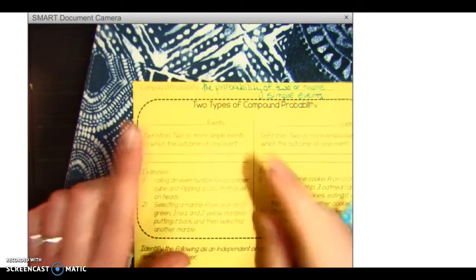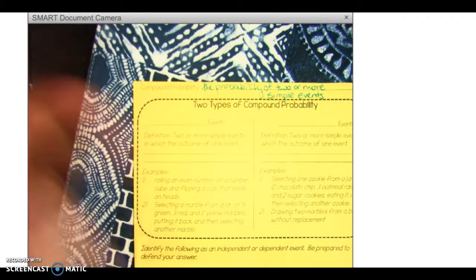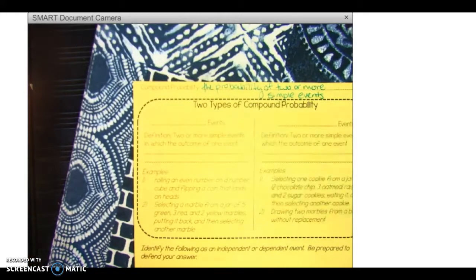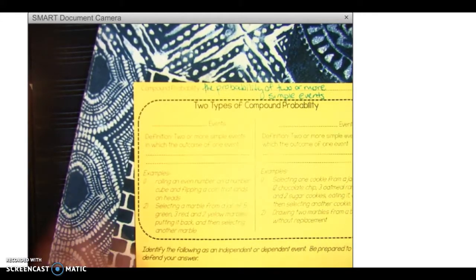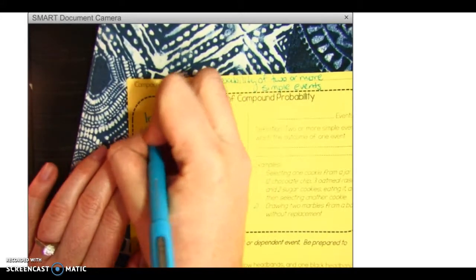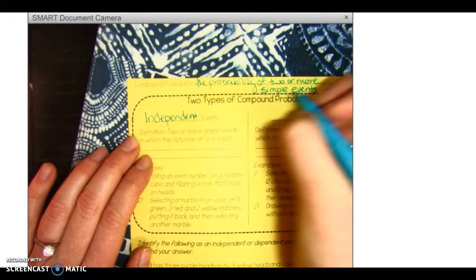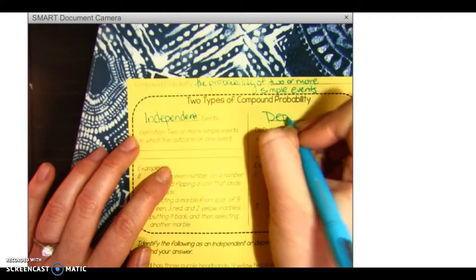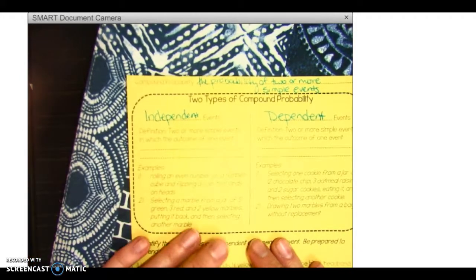So it could be rolling a die twice, flipping a coin more than two times, flipping a coin and picking something out of a bag. So two simple events occur. There are two types of compound probability. There is what we call independent, and there's what we call dependent. So we're going to talk first about independent.